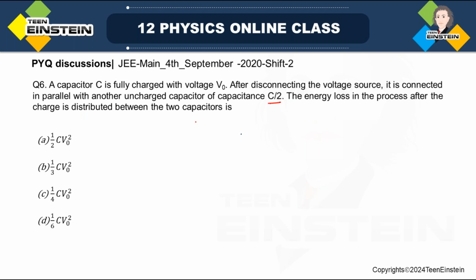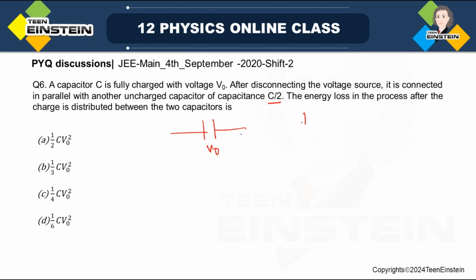Okay, so here you know what is the procedure to find that. First of all, a capacitor is fully charged to V0. So what is the energy? Here you have to find the loss in energy.